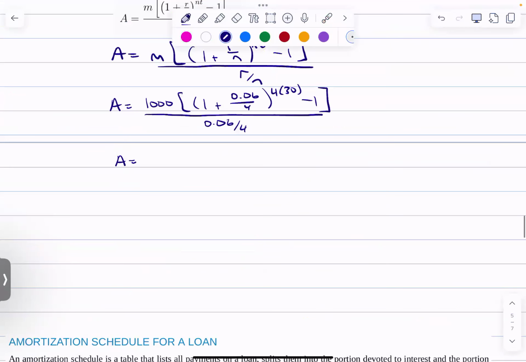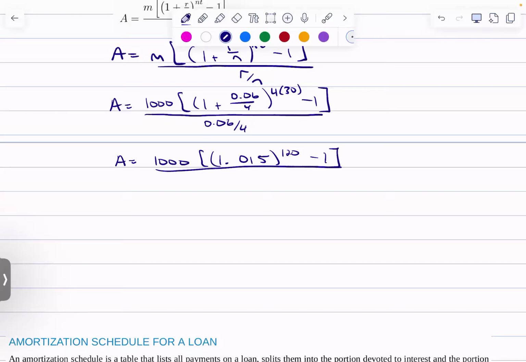So A is going to be 1000 times 1.015 to the power of 4 times 30, which is 120, minus 1, divided by 0.015. 1.015 to the power of 120.